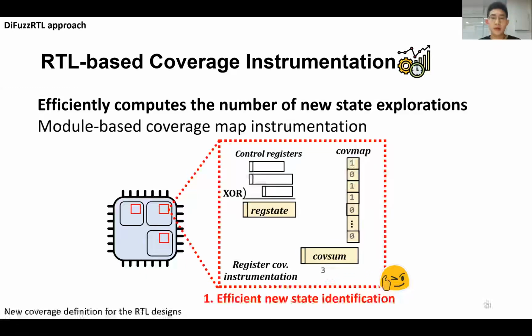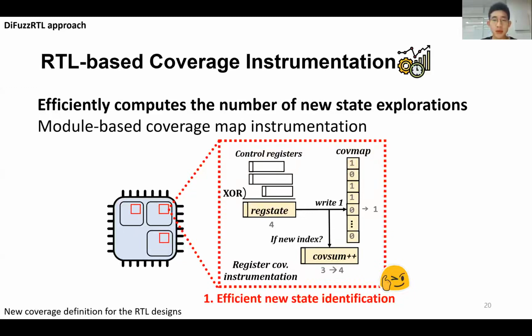Then, the leg state is used to index and set the corresponding bit in the cov map. For example, if the value of leg state is 4, then the fourth bit in the cov map is set to 1, meaning that the corresponding state is covered. Before writing 1, we check the bit, so if the bit is 0, we increase the cov sum register to indicate that a new state is explored.